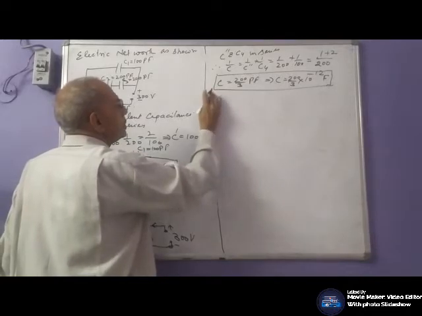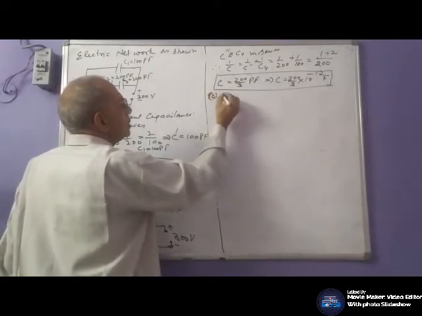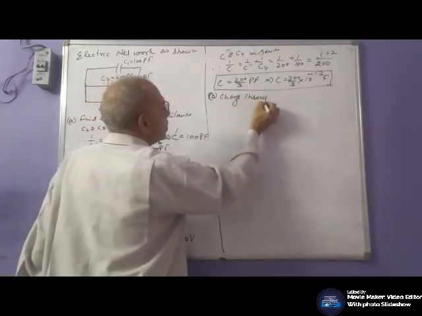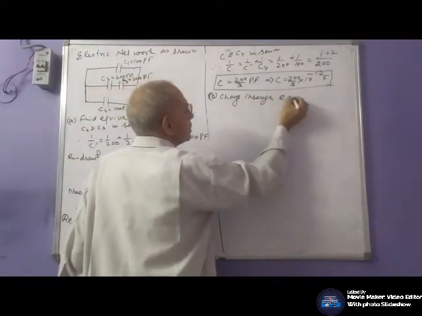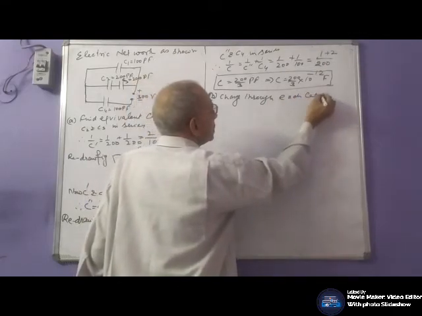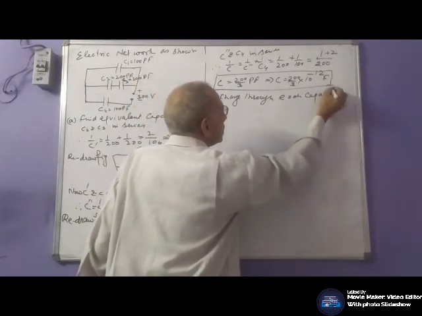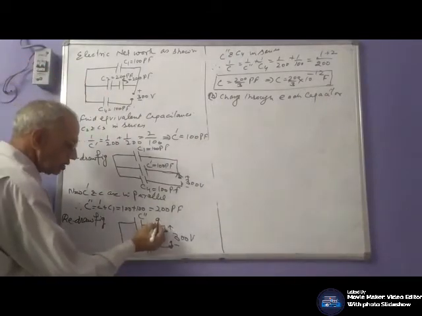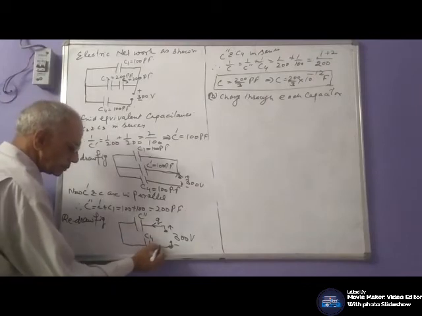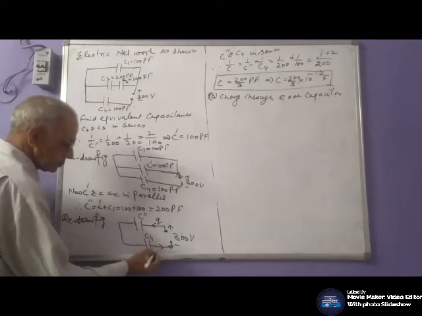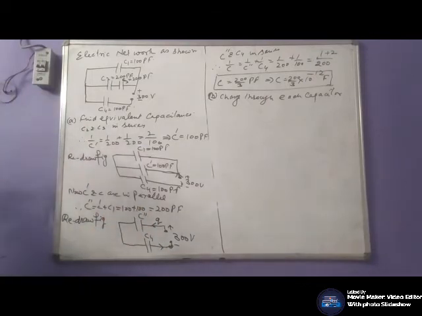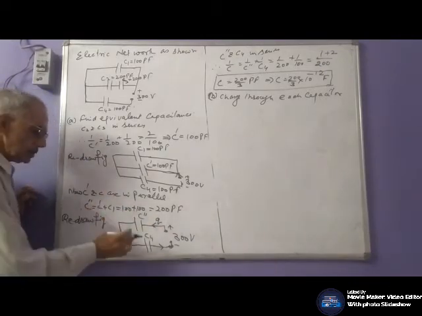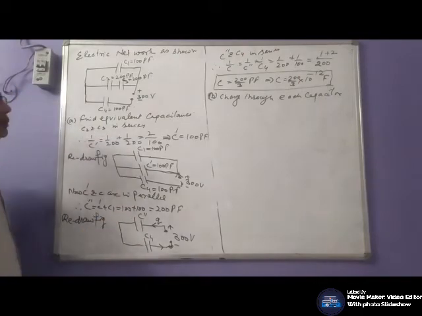B. Charge through each capacitor. Now this is the charge. This Q charge will flow through C dash and through C4.